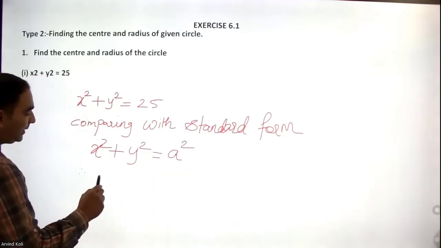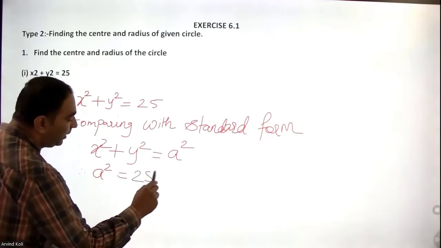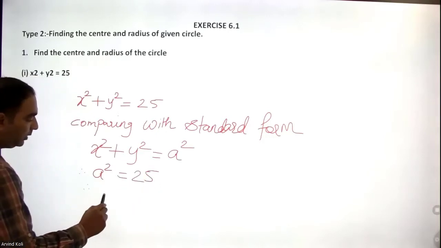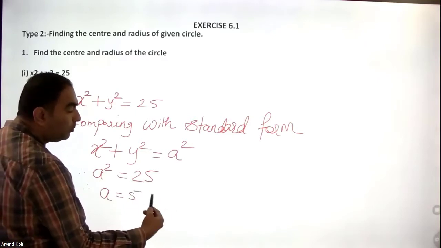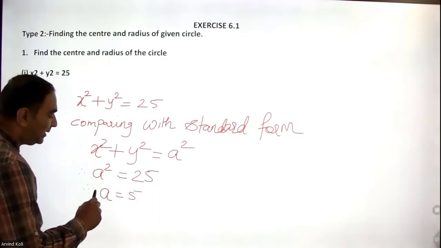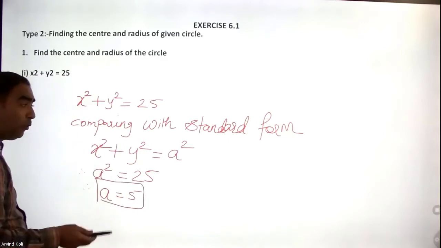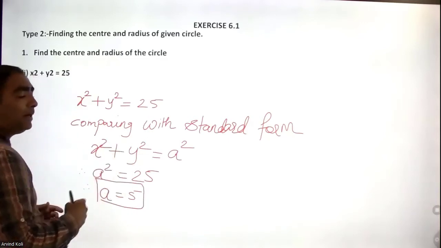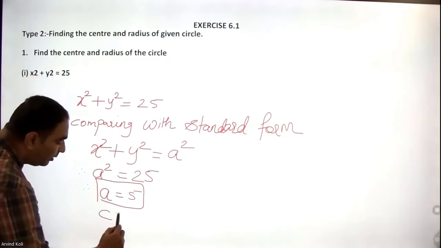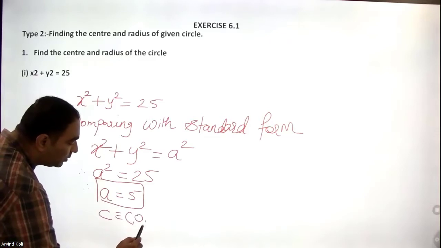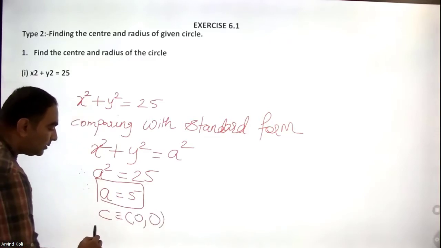So therefore we'll get a square is equal to 25. Therefore a is equal to 5, taking square root on both the sides. So hence we will say the radius of the circle is a is equal to 5. And what about the center? Standard form में मतलब the center is at origin. So we'll say center is 0, 0. That's it. So that's our final answer.